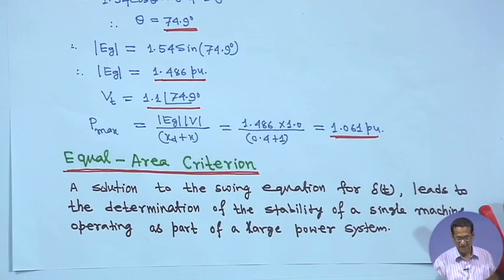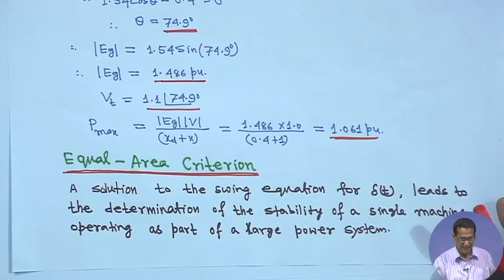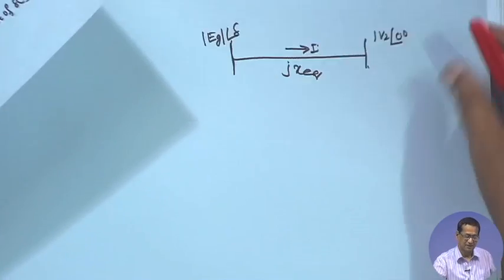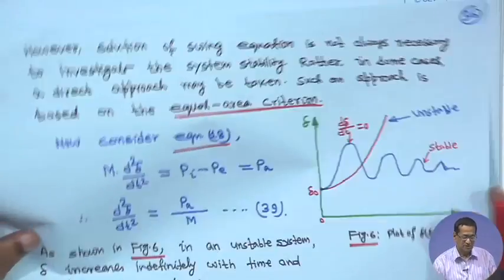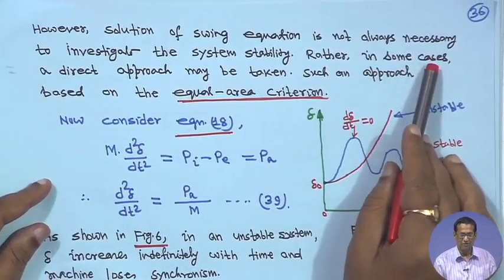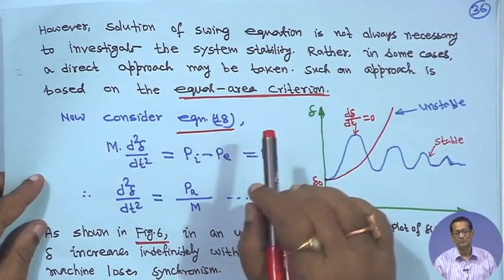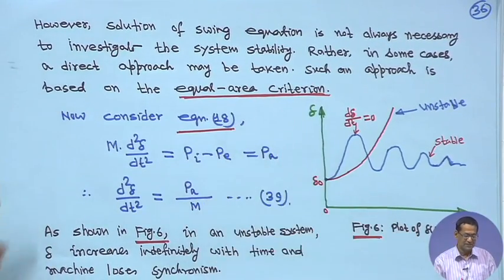However, solution of swing equation is not always necessary to investigate the system stability. In some cases a direct approach may be taken. Such an approach is based on equal area criterion.